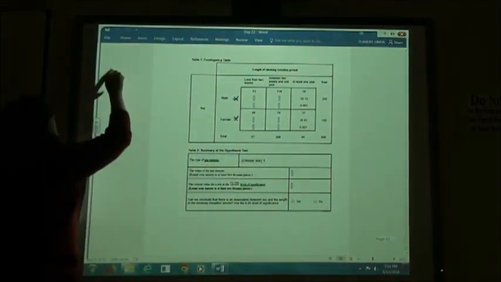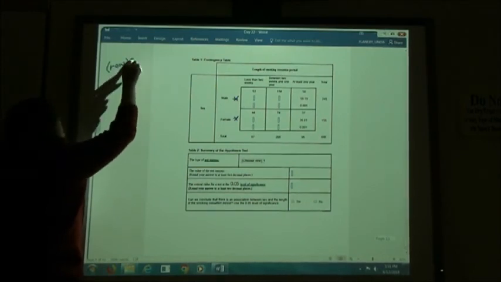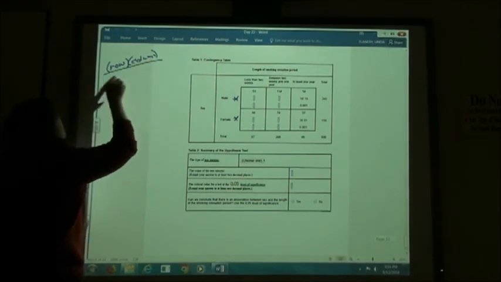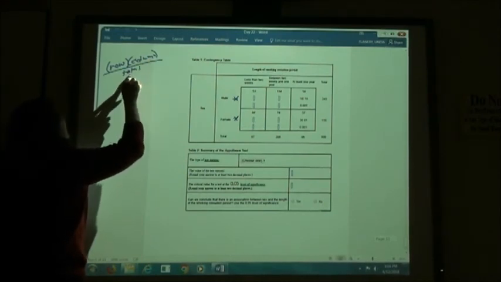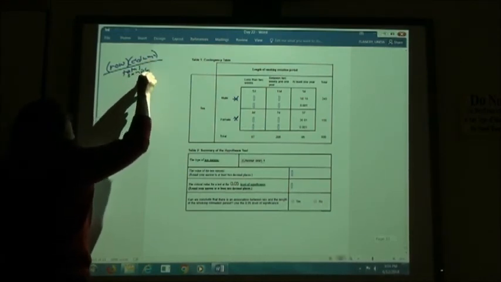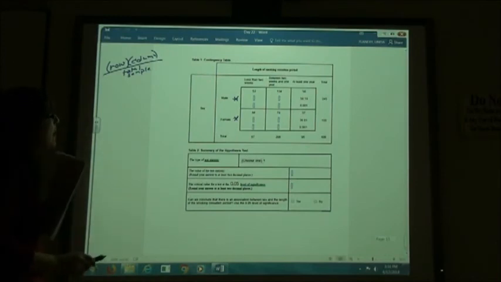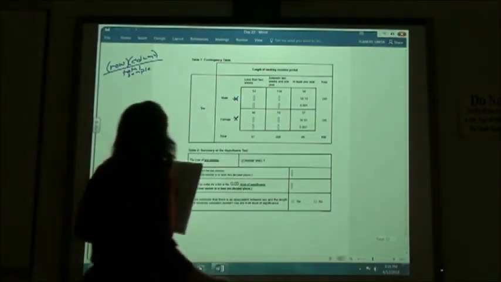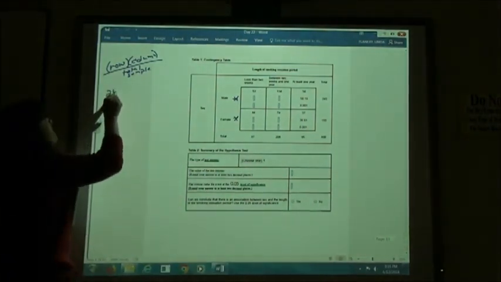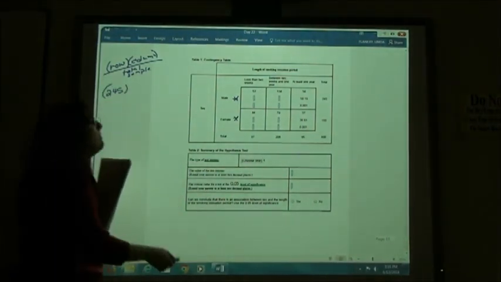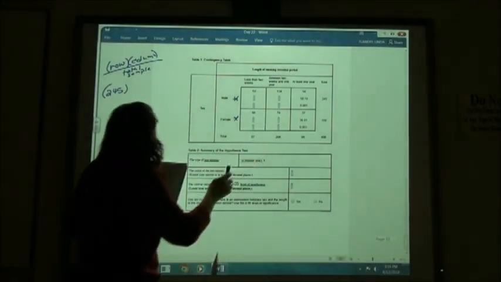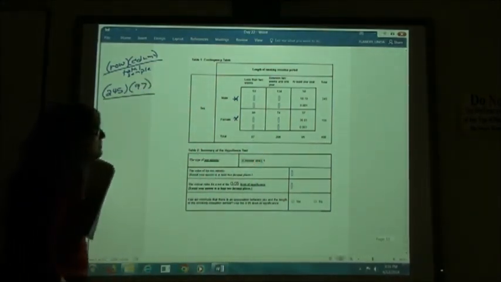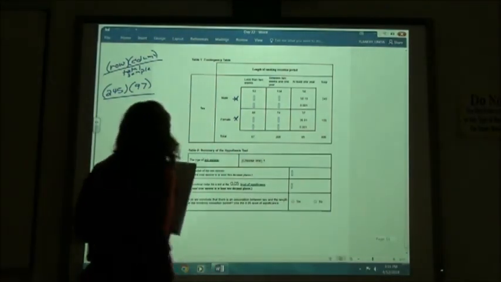So the row times the column divided by the total sample. So my row total, 245. My column total, 97. Divided by my total sample, 400.